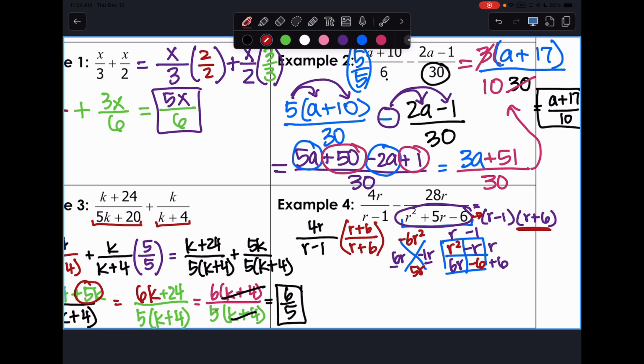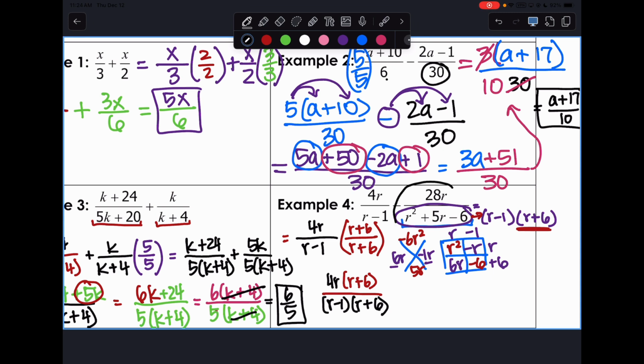Is that okay? I know it's getting kind of crowded in here. Then we have 4r times the quantity of r plus 6 over the quantity r minus 1 times the quantity of r plus 6.